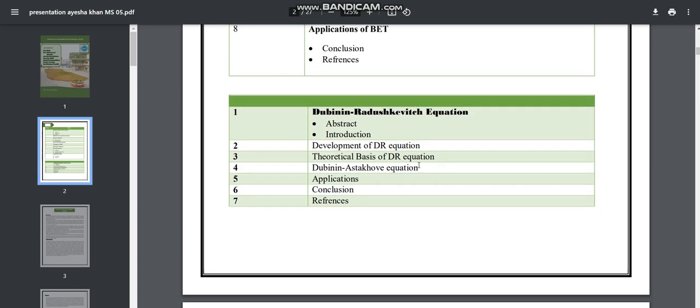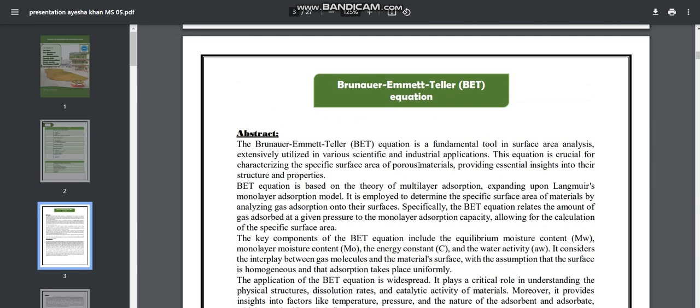The first topic I will explain is BET, that is Brunauer-Emmett-Teller equation. The BET is a vital tool used to analyze the surface area, commonly applied in scientific and industrial settings. It also helps to measure the specific surface area of porous materials, offering important details about their structures.